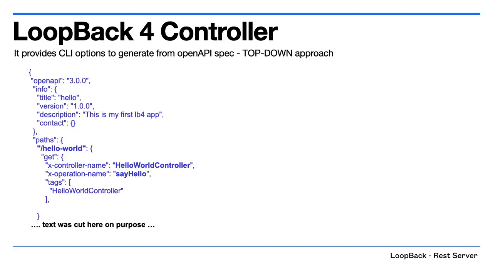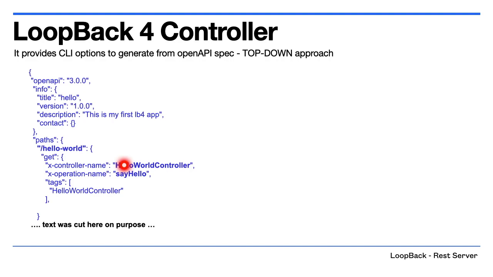And LoopBack 4, for example, can generate, as I said before in the previous slide, a controller or something from the OAS specification. And this is how the OAS specification looks like, in case you haven't seen a file. So this is describing the service and the paths. In this case, this is the HelloWorld from the previous slides.